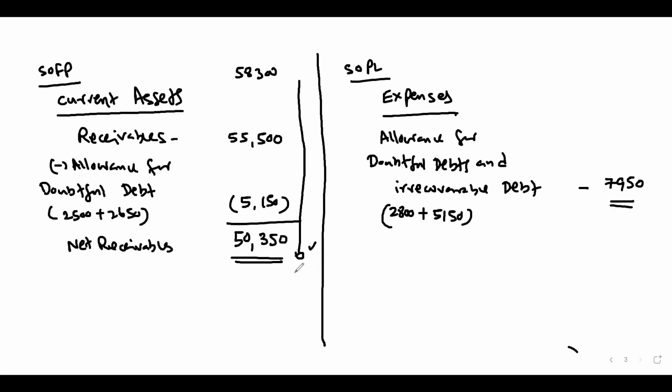This is how you have to deal with irrecoverable debts and allowances for doubtful debts.